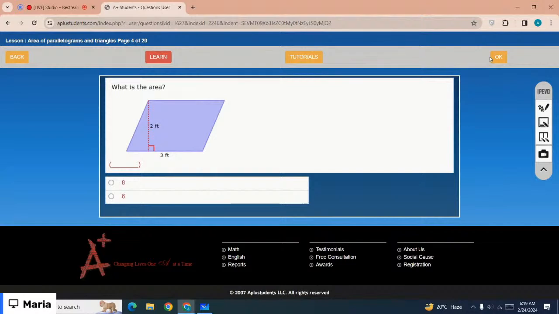What is the area? Which is the correct option? The correct option is length times width, 3 times 2, that is 6.